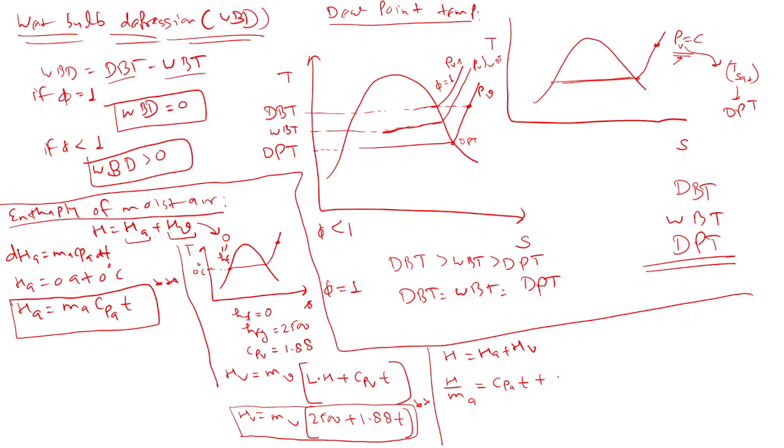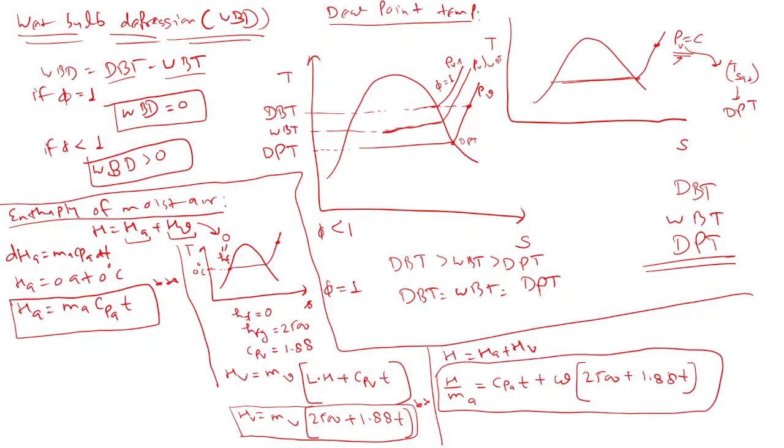What is MV by MA? Omega, sir. It will become omega into 2500 plus 1.88 T. So this will become our final formula.